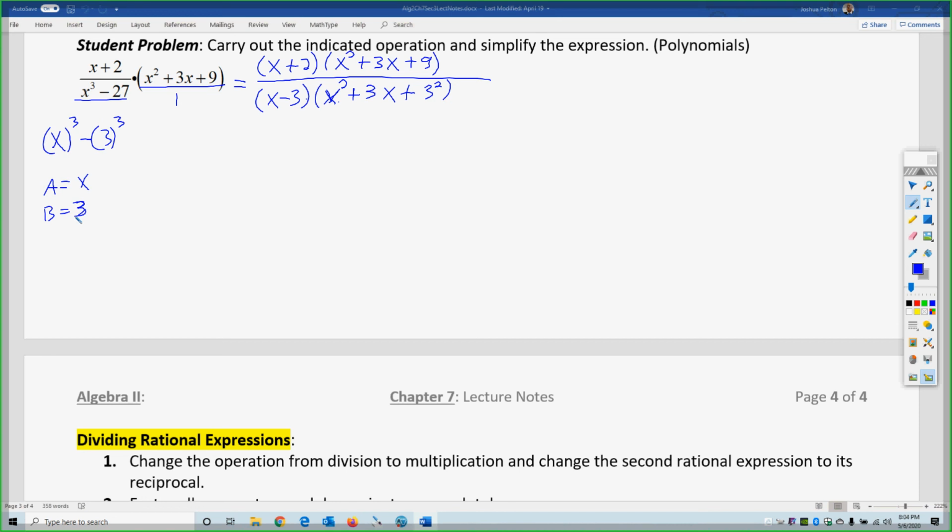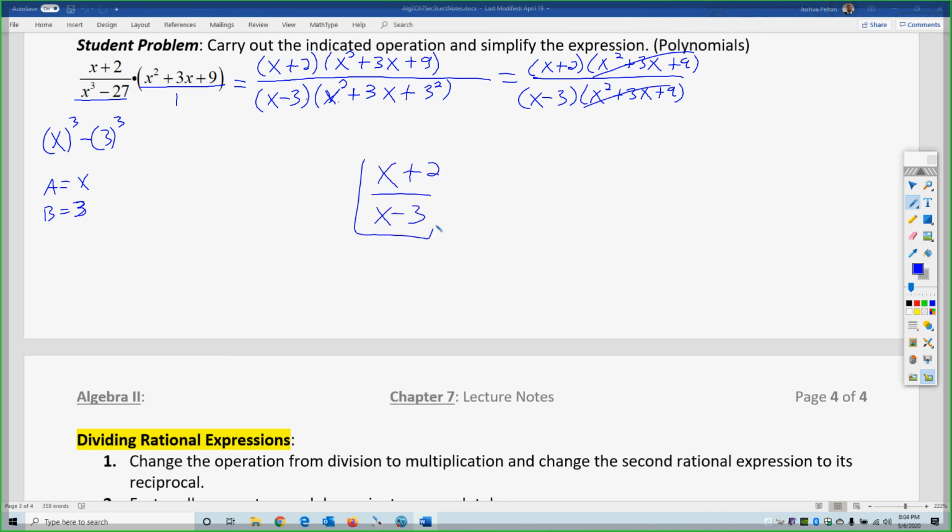So if I elongate that out, I get x plus 2, x squared plus 3x plus 9 over x minus 3, x squared plus 3x plus 9, which cancels, leaving you with x plus 2 over x minus 3 as our final expression, where x cannot equal just positive 3.